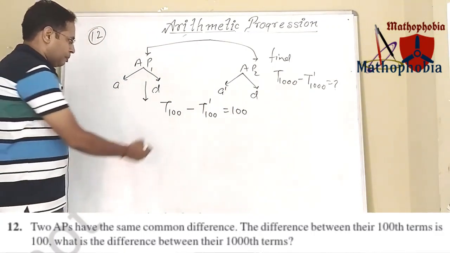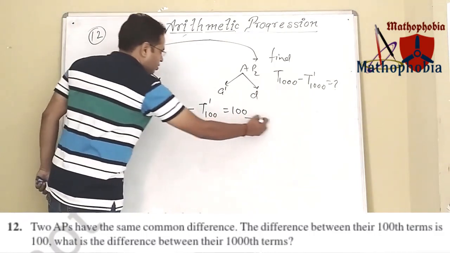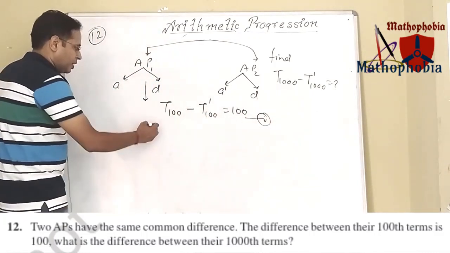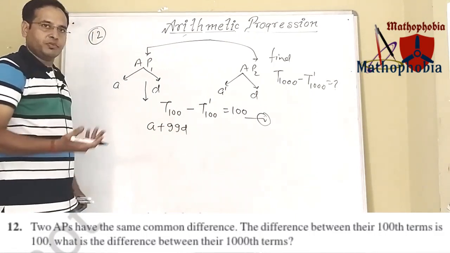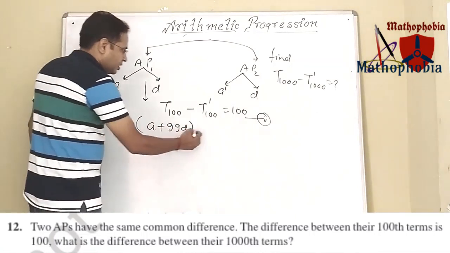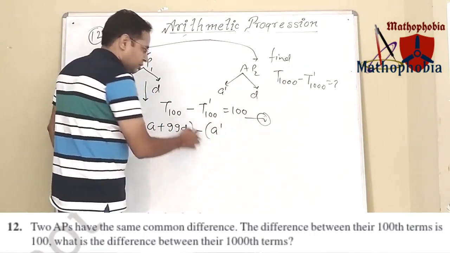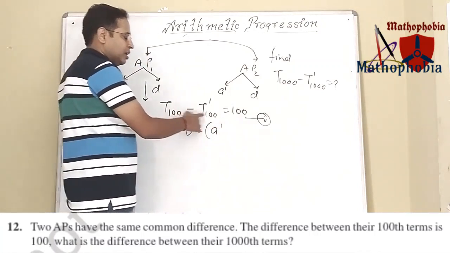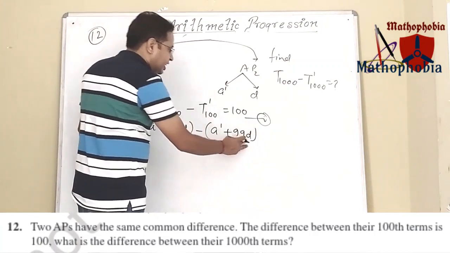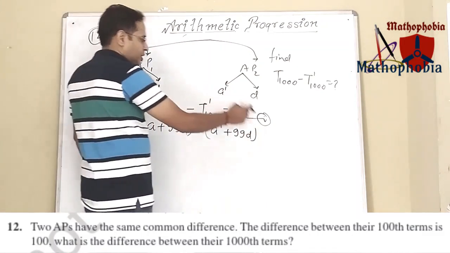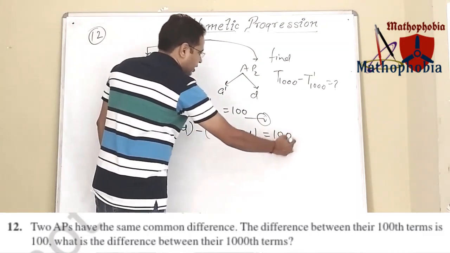So we'll apply the formula here because this equation is given to us. We'll apply A plus 99D. We'll apply A plus n minus 1 into D. Minus here also A dash, because what is its first term? Its first term is A dash plus 99D. Don't write D dash because the common difference is the same in both cases, equals to 100.